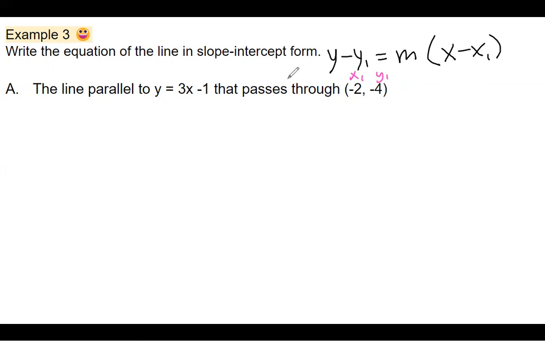Do we have a slope or can we derive a slope? Yes, from what? How can we find a slope parallel to that line? It's exactly in the beautiful equation. So what would be my slope here? It would be 3. So do we have a point and a slope? Yes, so let's write our beautiful equation now. My equation is y minus, what's my y1? -4.